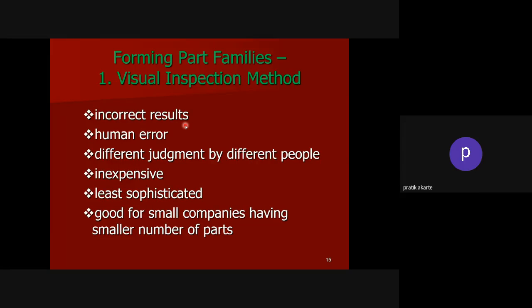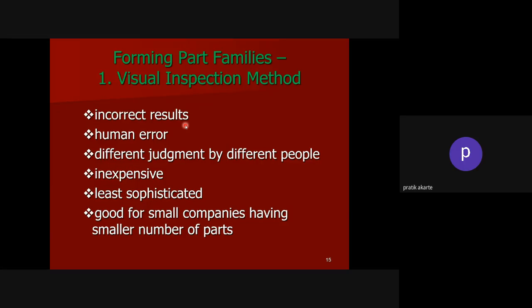There is also a chance of different judgments by different people because each person has their own perspective. One person may feel that some parts should be grouped into a particular part family, and according to another person, the grouping might be wrong. So different judgments by different people create a conflict in the visual inspection method.